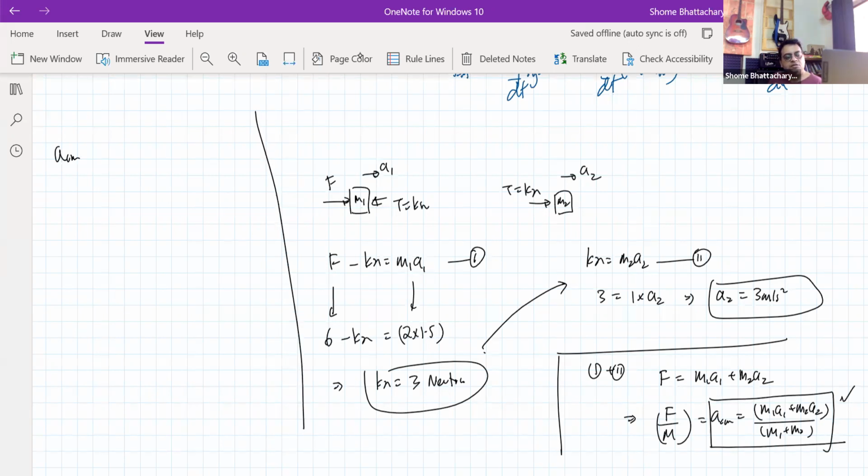Acceleration of center of mass will come from the rate of change of velocity, instantaneous velocity. So the same process, you are calculating rate of change of summation mv divided by summation m. So it will ultimately become summation of m into acceleration divided by summation of m.